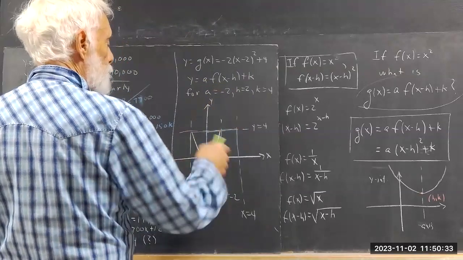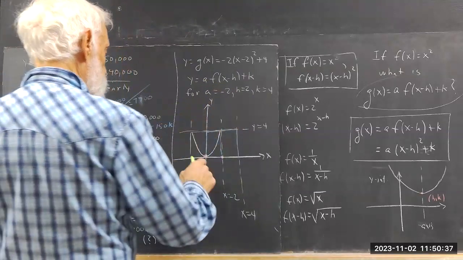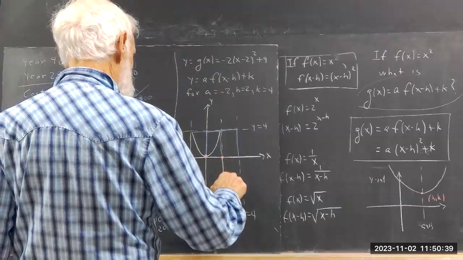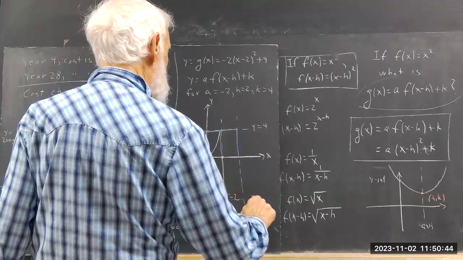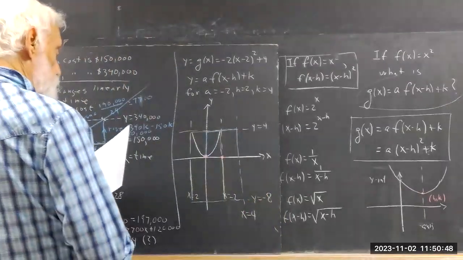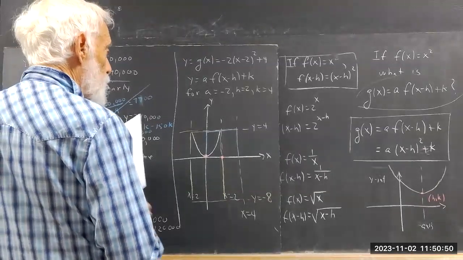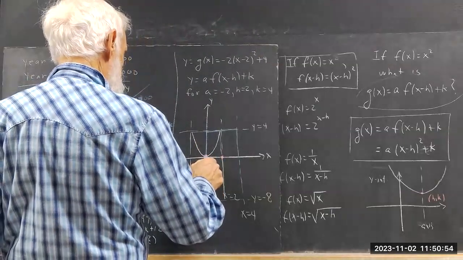We have to vertically stretch this graph by a factor of 2 and flip it over the x-axis. Well, okay, that gives us a graph that goes down to y equals -8, because, of course, we vertically stretch this box by factor 2.